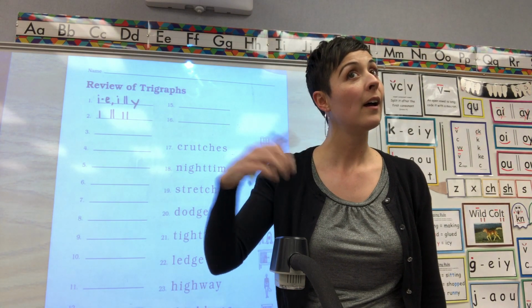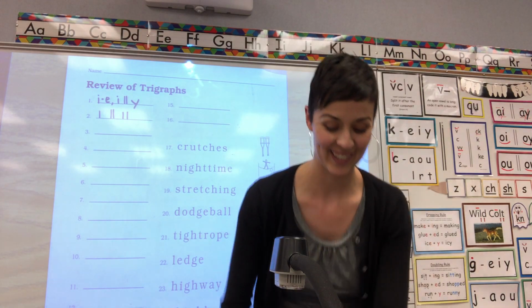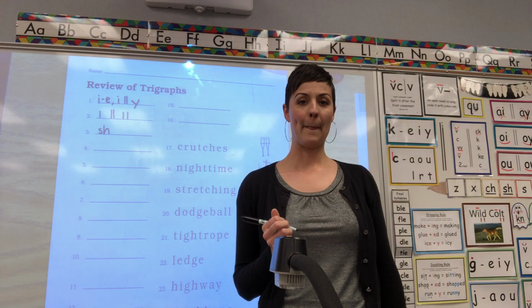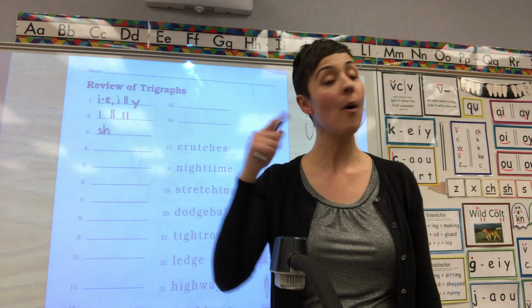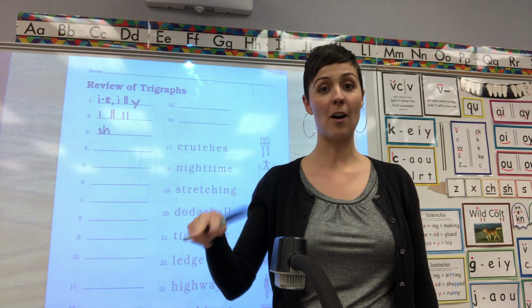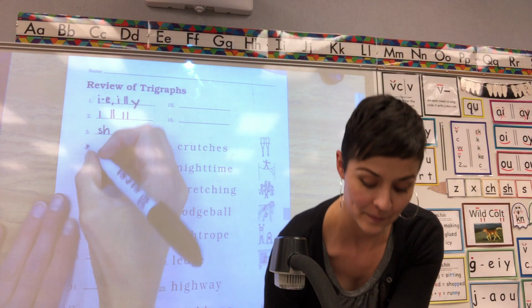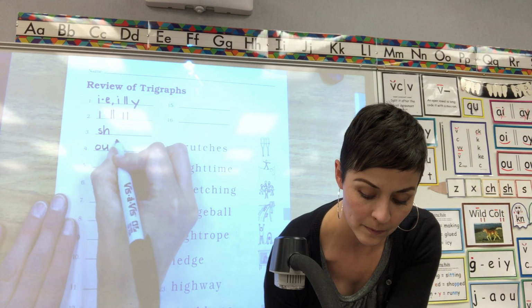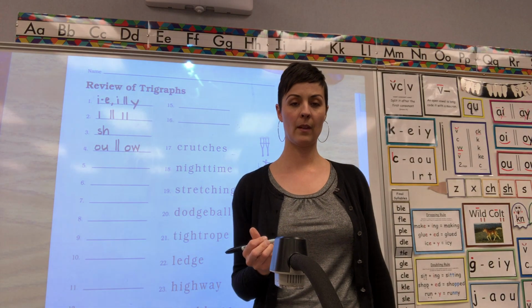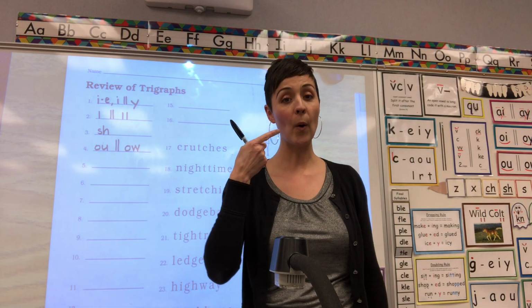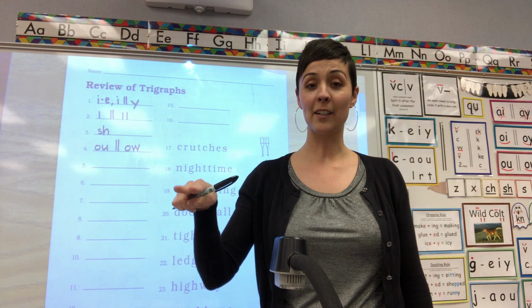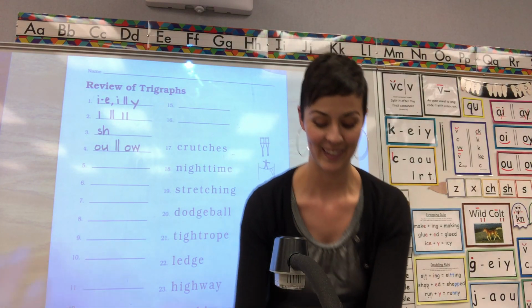Sh, digraph, SH. Number 4. Ow, diphthong, OU, final diphthong, OW. Diphthong, OU. Number 5, oi. Diphthong, O-I. Final diphthong, O-Y.